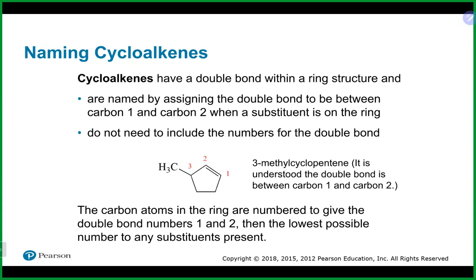So for example, if we have nothing on the ring, like this, just say like that. That is a 6-carbon ring, which is cyclohexane, has a double bond right there, which would then make this cyclohexene.